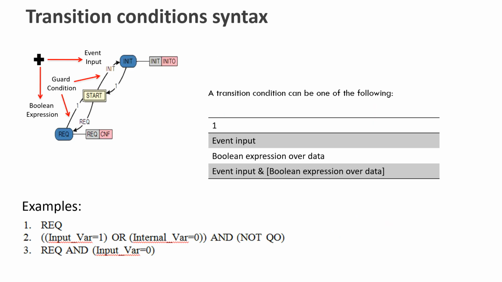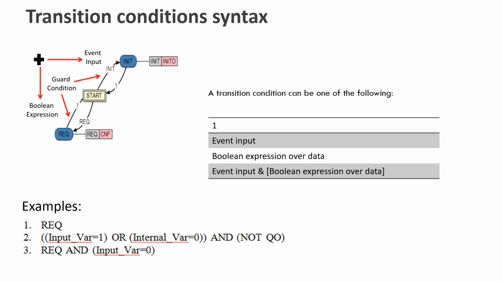Okay, so transition conditions. Those conditions that are attached to the transition arrows between states are called transition conditions. And these transition conditions can be only of the following format. It could be the constant true, always true.